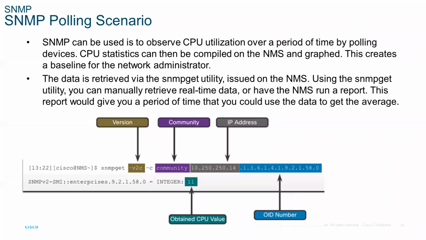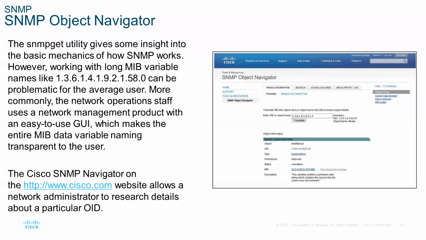It's snmpget, then we type in the version, and the authentication is going to be c for community, and then we need to specify the address and the ID of the variable that we want to get, and then we should get a reply with the variable value. Generally speaking, it's not something you're going to do just randomly, but you can if you want to.